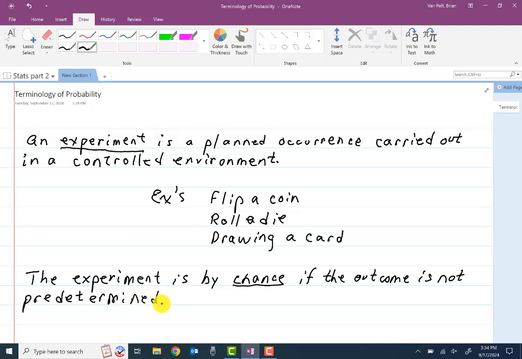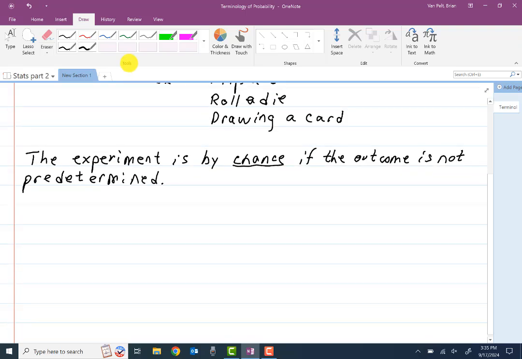And all those examples that I gave, we could say are by chance, unless I happen to know what cards are available to me. It's still a matter of chance, though, because I'm only going to grab one card out of a collection of cards that I don't see. Rolling a die is a chance, unless the die is fake or has been worked on in such a way that certain numbers come up more often than other ones. But in this class, we're going to assume things like coins and dice are all fair. That means that any number between 1 and 6 is equally likely to come up. Or when you flip a coin, a head or a tail is equally likely to happen.